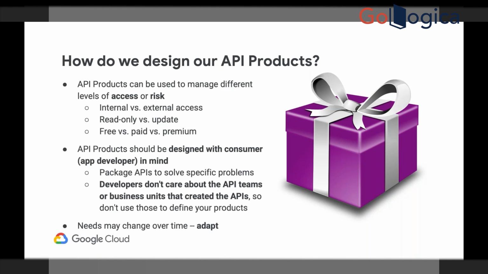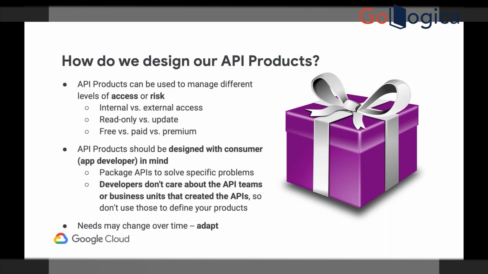Is it for internal or external consumers? Do you want to provide only read-only access, or read-write access? Is it going to be a freemium kind of API, paid, or premium? What kind of usage will there be for the API? That is one of the questions we should ask ourselves.